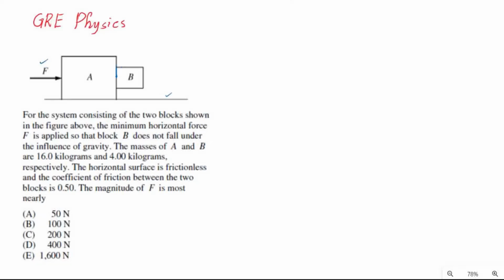Now the minimal force F acting on the system of two blocks, block A and B, such as to keep block B from falling, should satisfy Newton's second law of motion, which I write here as F is equal to mass of block A plus mass of block B. I consider it as one system times the acceleration A of the system, which of course is in the same direction as the applied force.